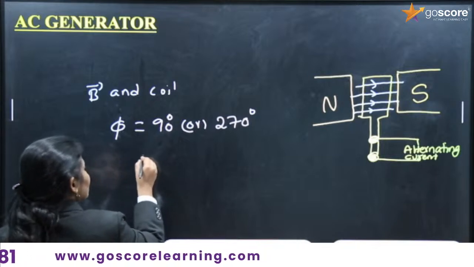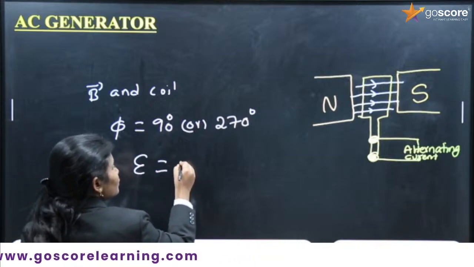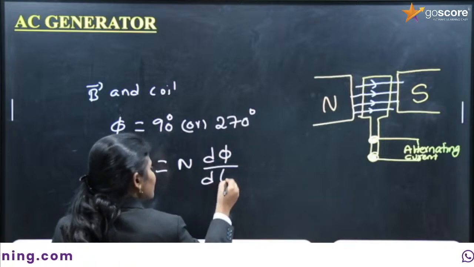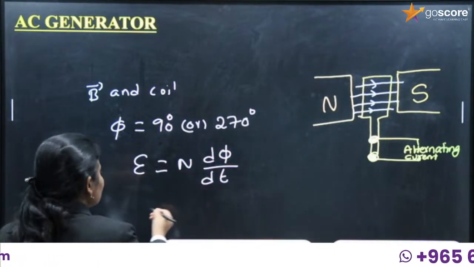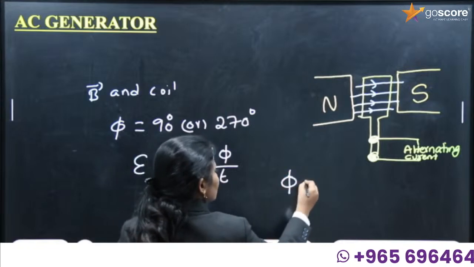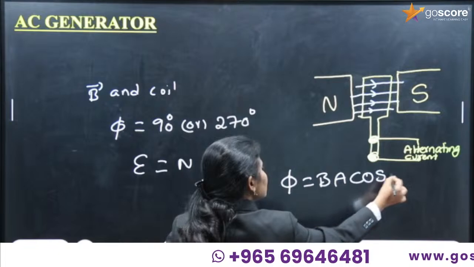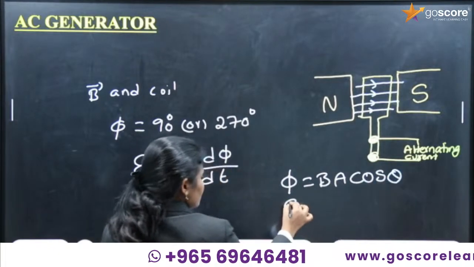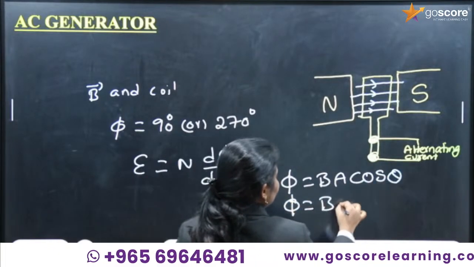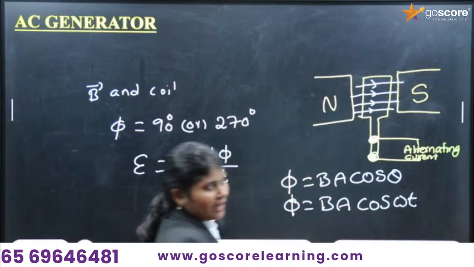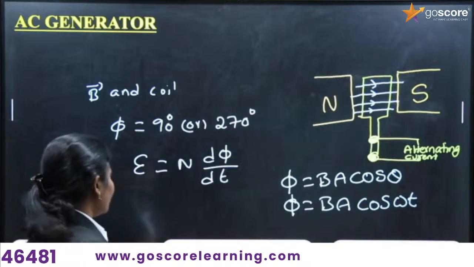Why? E is equal to N d phi by dt. Phi is equal to BA cos theta, where theta is omega t, and omega is the angular frequency.